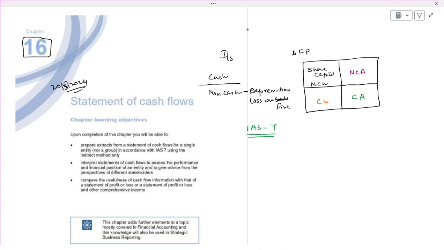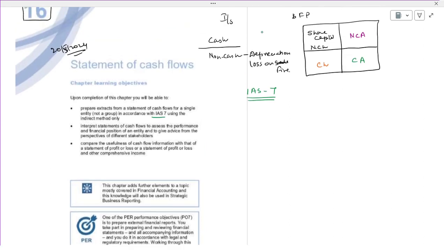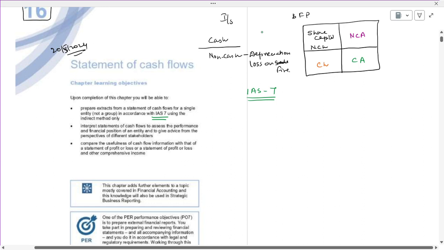If it is not cash, you just make adjustments. We have the direct method and the indirect method. We will use the indirect method only.